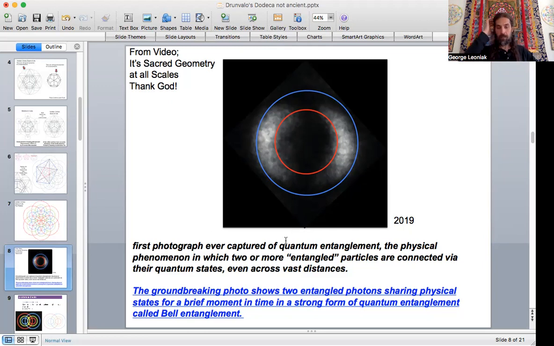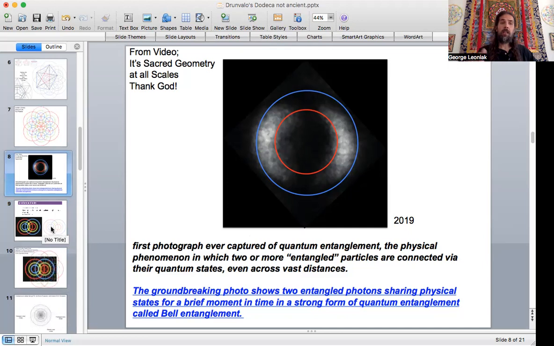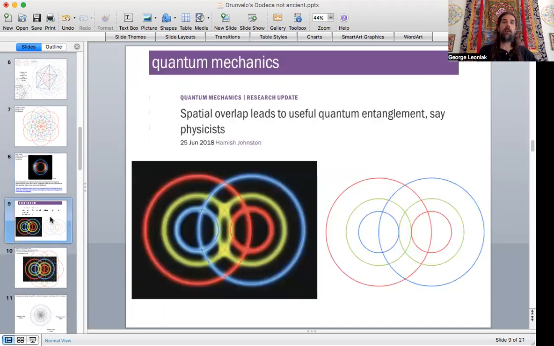Just recently, Danny, one of my apprentices, sent me this photo just last week, a quantum mechanics article research update from also 2018. I just did a podcast with him recently, and we'll be airing that soon on my channel. So this is probably right around that discovery.